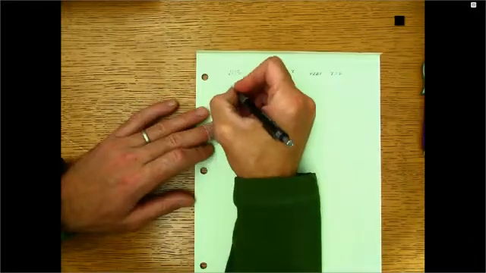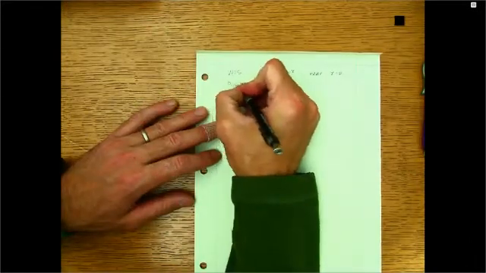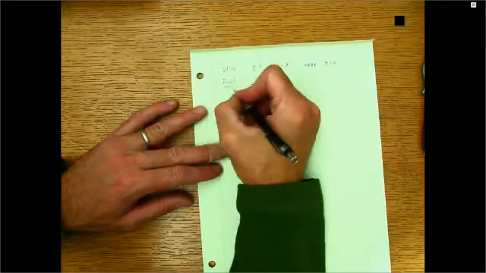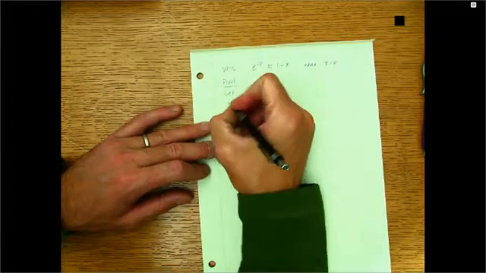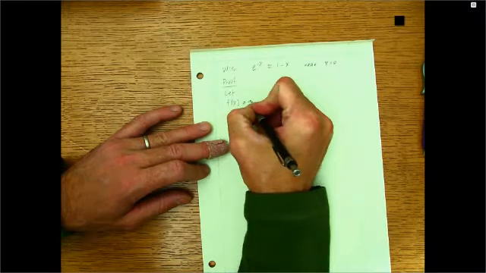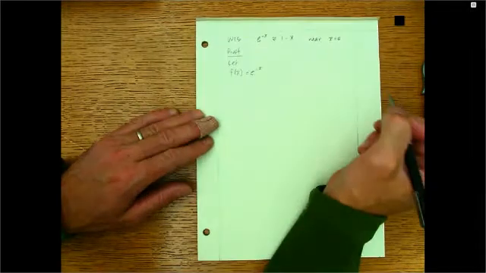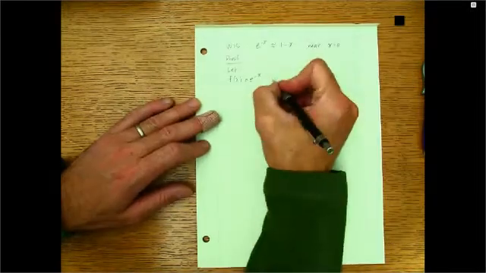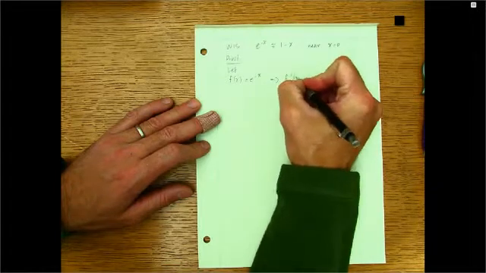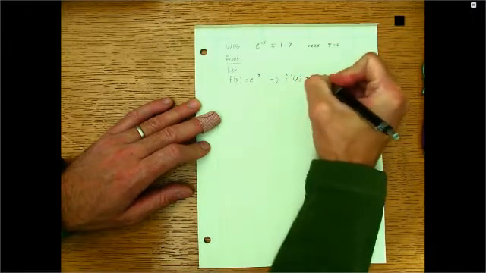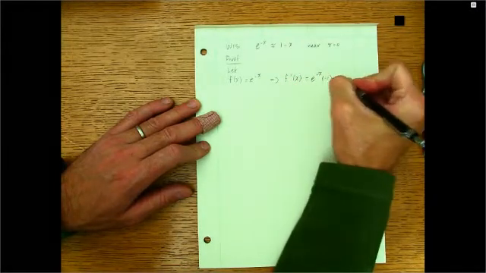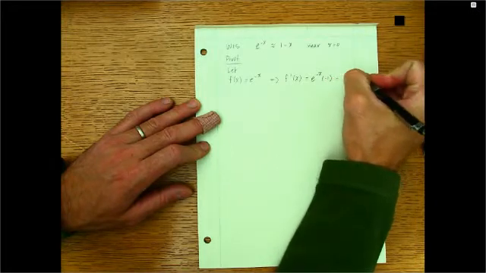Okay, so our proof is as such. We'll just say that f of x is equal to e to the negative x, right? By the way, that implies that f prime of x by the chain rule is e to the negative x times negative 1, which is negative e to the negative x.